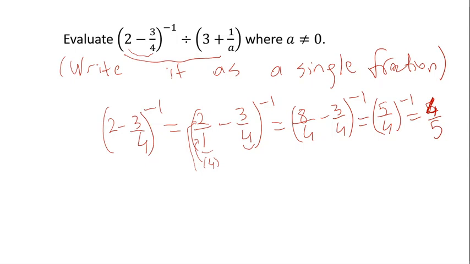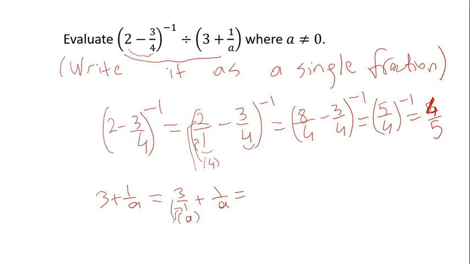Now, when we come to the other one, we see 3 plus 1 over a is equal to 3 over 1 plus 1 over a, which is a.